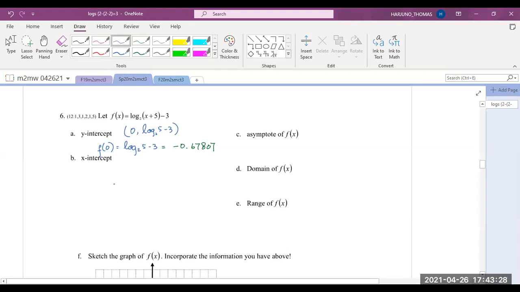How about the x-intercept? 0 equals log base 2 of (x plus 5) minus 3. Move the 3, and then write it in exponential form. That's 8 minus 5, which is 3. So the x-intercept will be (3, 0).